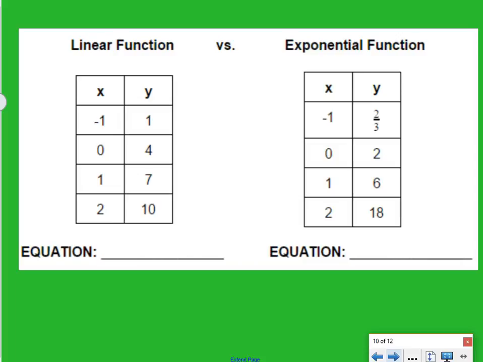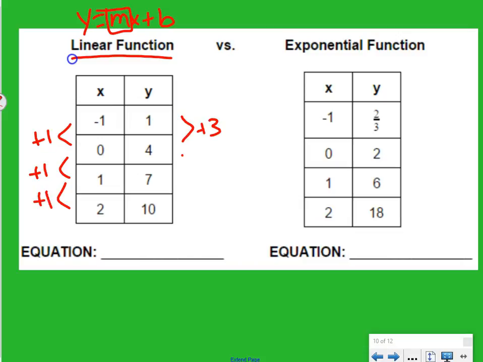All right, let's compare a linear function to an exponential function. Linear function, we have y equals mx plus b. M is your slope, it's your change. So we look at our change in our x values versus our change in our y values. Our x values are going up by 1, and our y values are going up by 3.